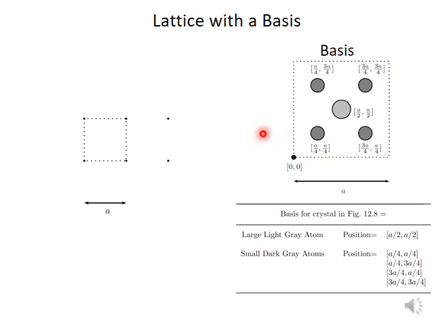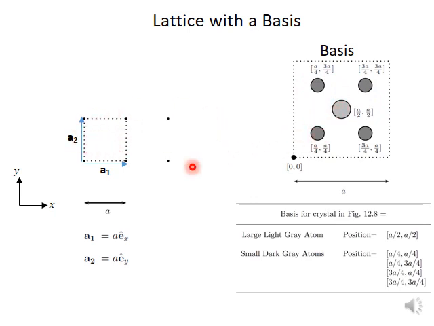So we can identify this unit cell as the primitive unit cell of the lattice we defined earlier, and we can also define our primitive lattice vectors a1 and a2. And now we can superimpose our basis on the lattice itself. So this unit cell would be replaced by this basis structure.